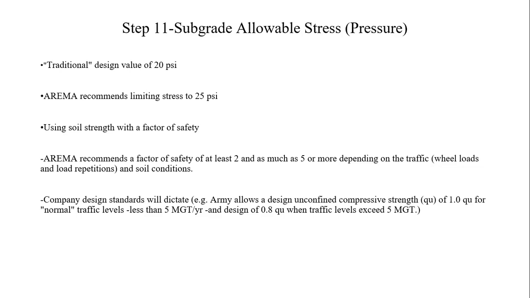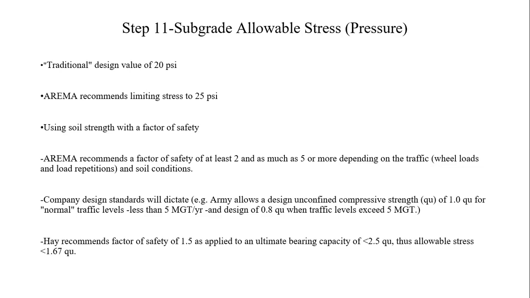For normal track, it's 5 million gross tonnage per year. It can be 1 or 0.8. It's a bearing capacity for 5 million gross tonnage. Another source recommends a factor of safety between 1.5 and 2.5, thus allowable stress less than 1.67.